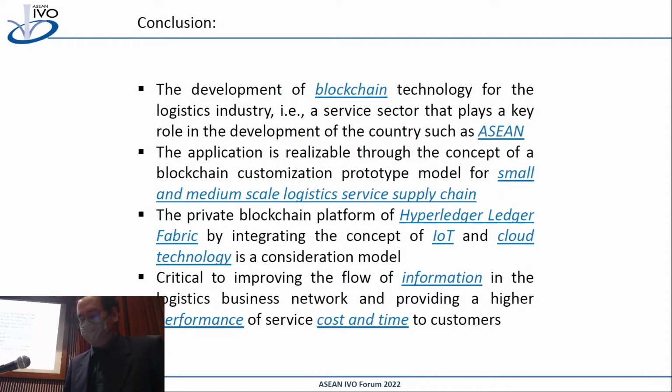The private blockchain platform of Hyperledger Fabric, integrating the concept of Internet of Things and cloud technology, is a consideration model. The use of this blockchain-based technology is critical to improve the flow of information in the logistics business network and provide a higher performance of service cost and time to customer.